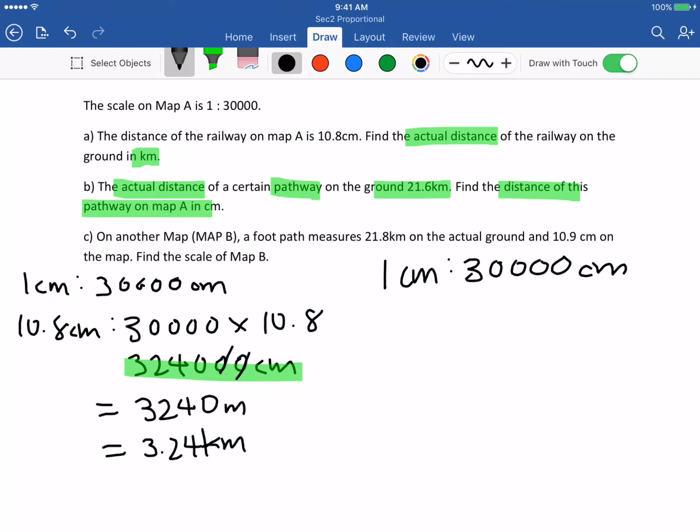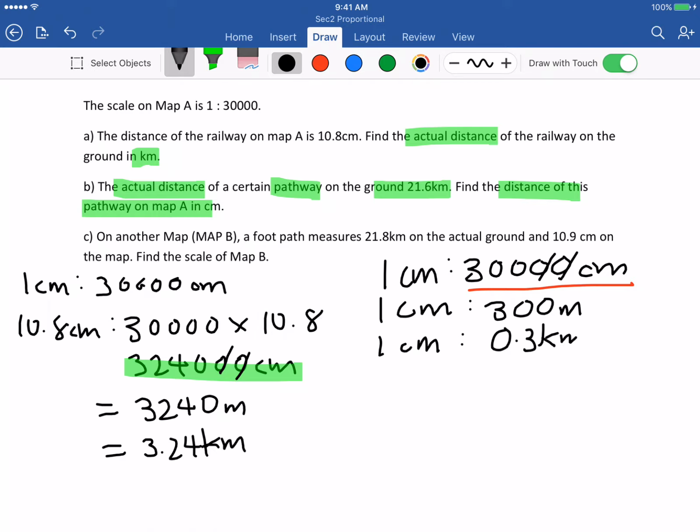My next step, I'll change this into km. Divide by 100 first, 300 meters. Now change to km, divide by 1000, so it's 0.3 km. So the scale is 1 cm is to 0.3 km.